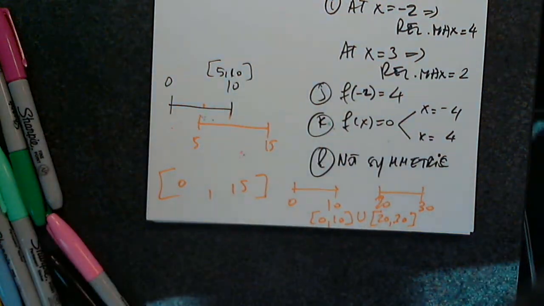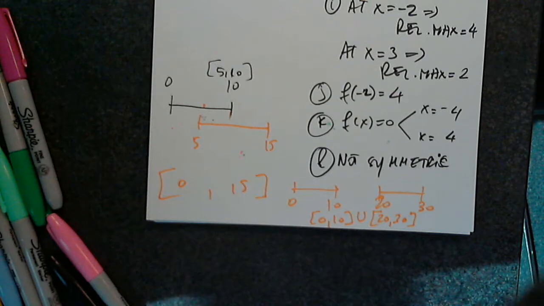When will I want to do the intersection? I will always want to do intersection when I'm finding a common domain. We get to this at the end of chapter 2, when I want to create a function by adding two functions. If one is defined here and the other one is defined here, I can't create a function because they don't have a common domain. Which number do I plug in? This one I cannot plug in the second one, and this one I cannot plug in the first one.